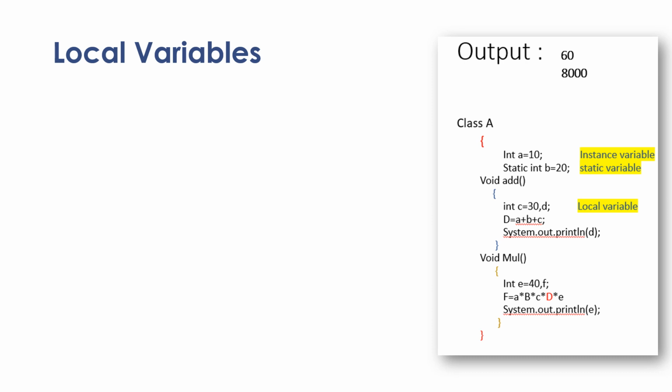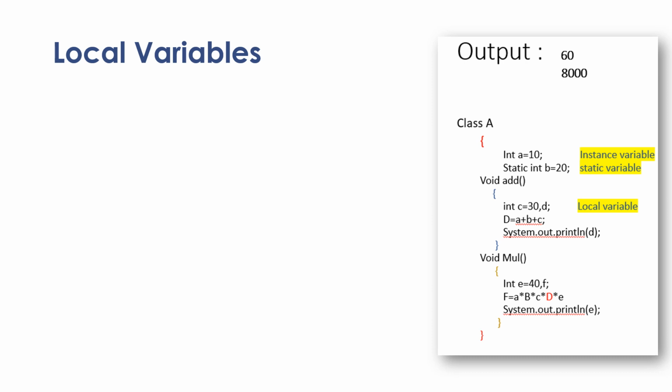Now this void add method is used for adding purposes. Here, int c is equal to 30, comma d. We have given int c is equal to 30, and we haven't mentioned any value for the d variable. So now we have int a, int b, and int c.